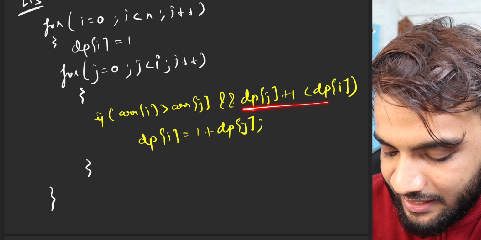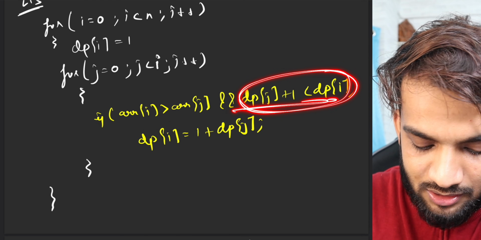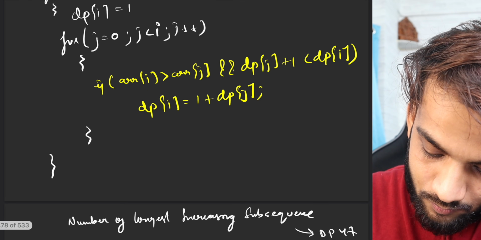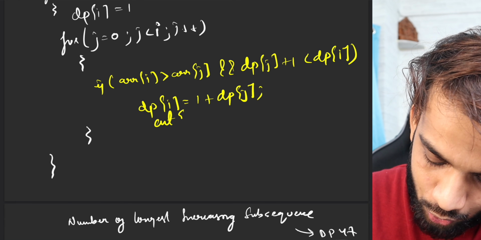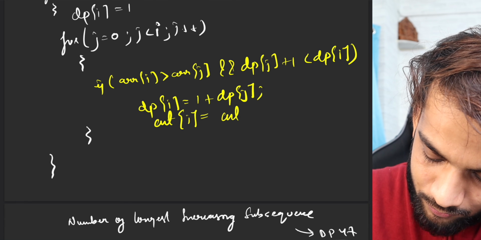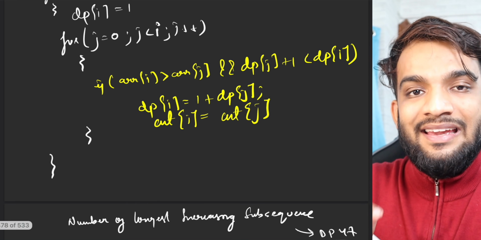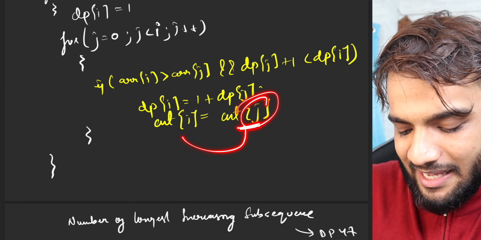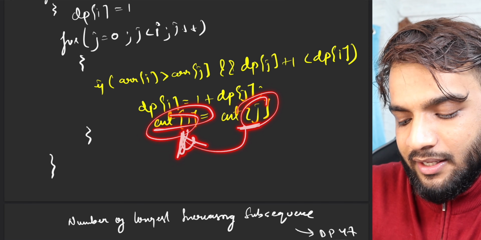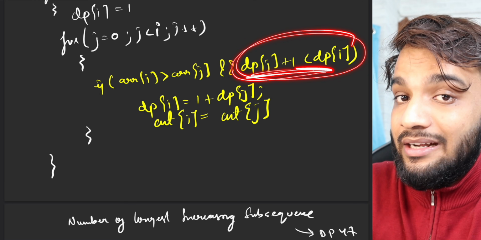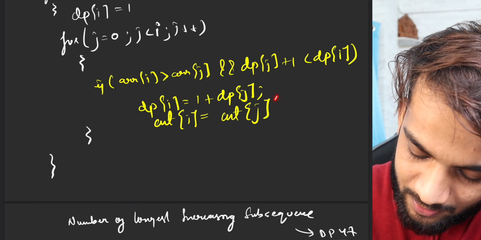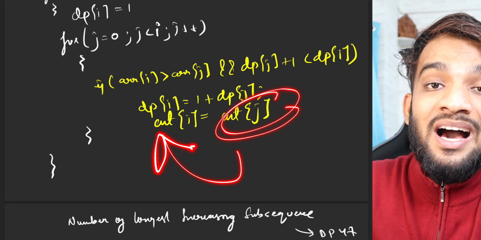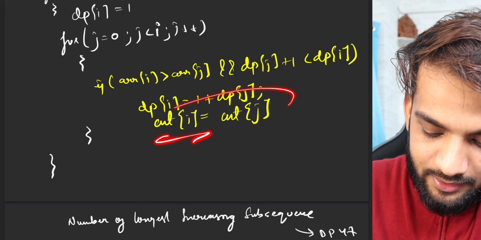So whenever there is an increase, I will take the count for i from count of j, because the number of ways in which I can make j is the same as the ways in which I can make count i. If this is greater, the number of ways in which I can make j is the number of ways, because I just add i to it. That's it.